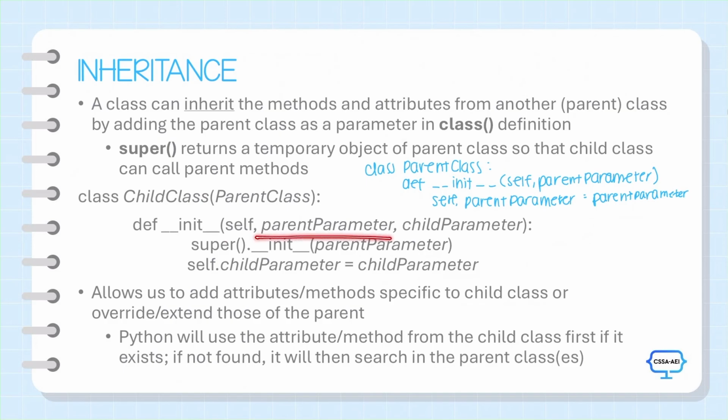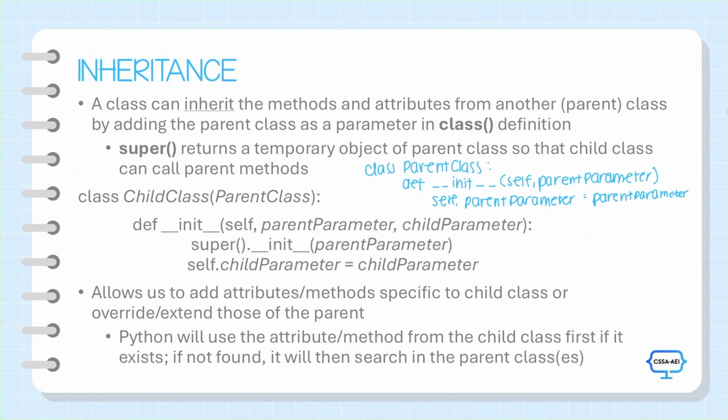So I have a parent parameter, and then I can add on to it, I can overwrite it. So I have my own child parameter as well. But I want to make use of the fact that I already deal with this parent parameter in my parent class. So instead of trying to rewrite everything in parent class, I'm just going to call super, which gives me an object of type parent. And then I just call init and I give it this parent parameter and it'll set it for me, okay? And then I can add on by having my own child parameters.